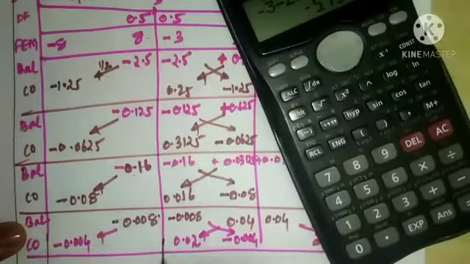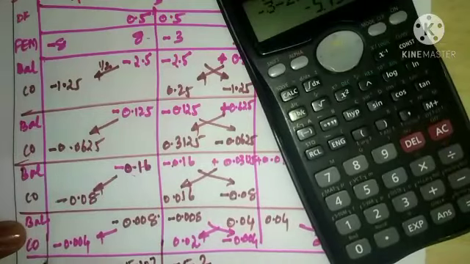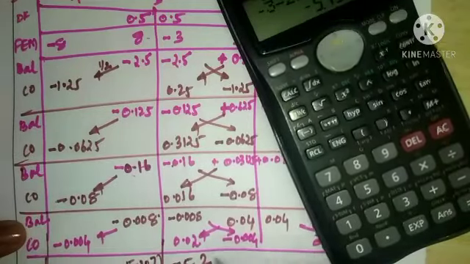So minus 5.19 is minus 5.2, and here we have 5.207. So I shall calculate it as 5.2. So this is the fixed end moment.